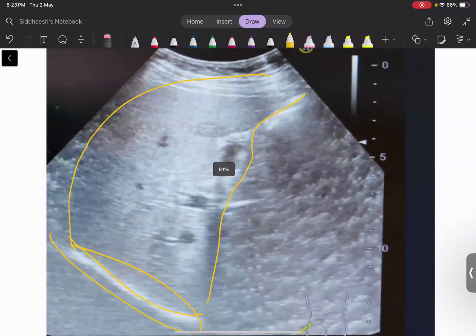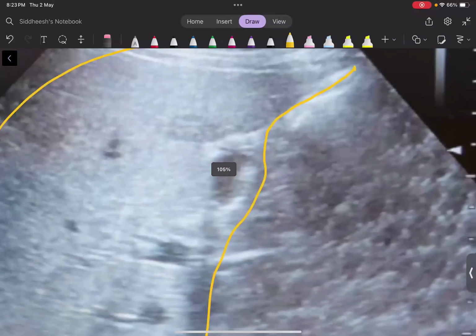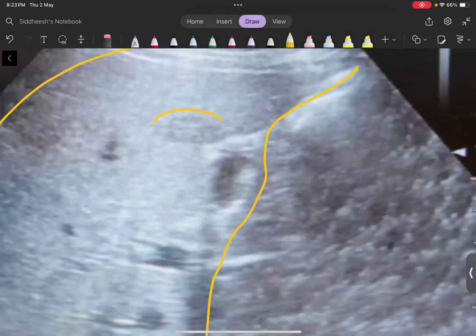Can you all appreciate the presence of this small hypoechoic patch? Yes or no? This is known as what? A focal fatty liver.